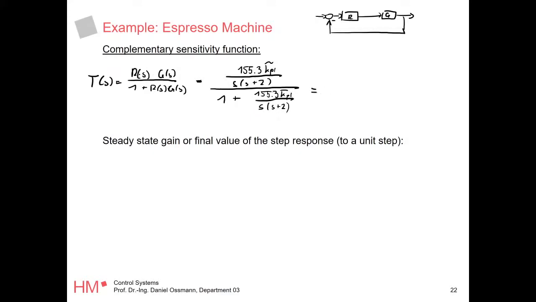Now if you multiply it out, this one goes here, it's 155.3 K_PI over, bring that to the other side, multiply by that, so it's s squared plus 2s, plus 155.3 K_PI tilde. Okay, so this is now the closed loop from our reference temperature to our measured temperature Y.